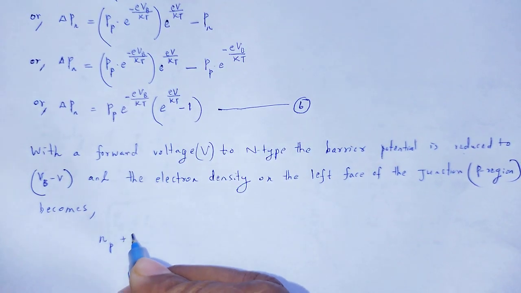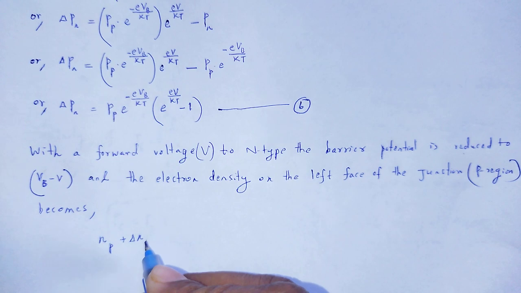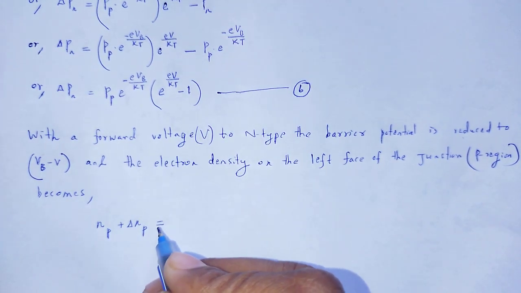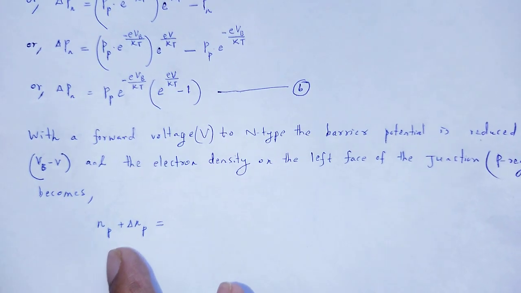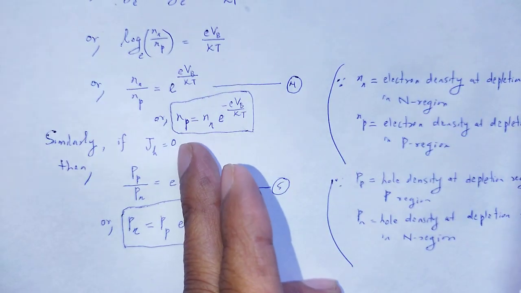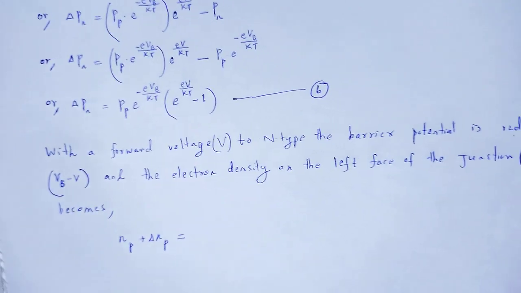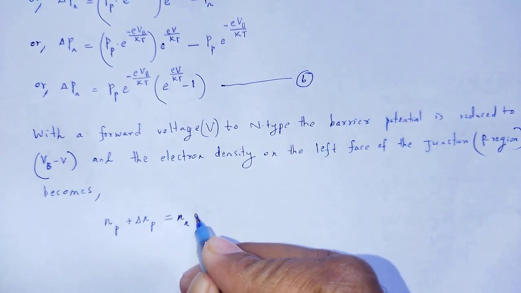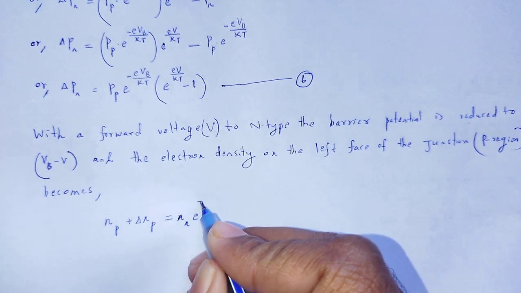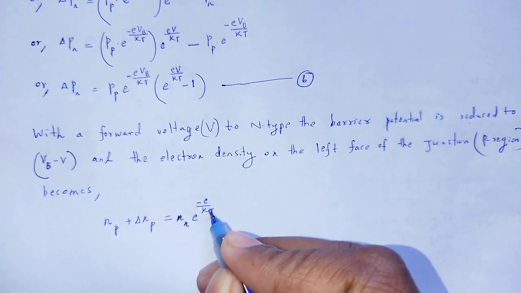Np plus delta Np is equal to, using the value of Np as this much, Nn e to the power minus E by Kt.